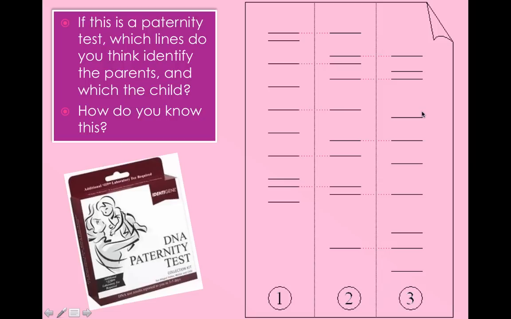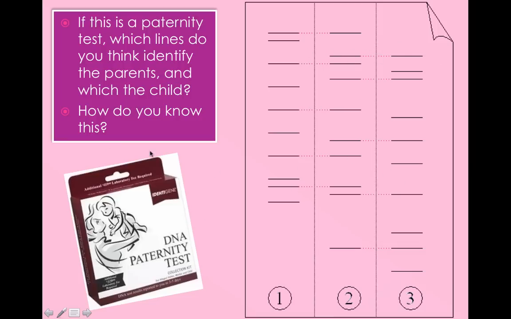So in this case here, every band that shows up on this child will match up with a band from one of the parents. So for example, if parent number 3 didn't have this band, and none of these parents actually have this band, that tells me that one of these parents is not actually the real parent.